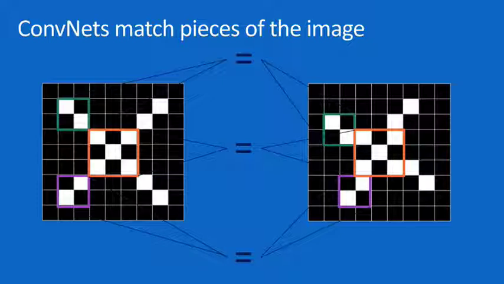So we want to not think anymore in terms of individual pixels, but instead the intuition behind convolution is the following: let's think about what a cross is actually made up of. As shown in this slide, you can think of these small images shown in green, purple, and orange as small subsampled images.